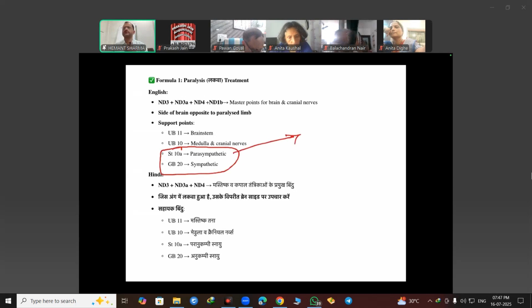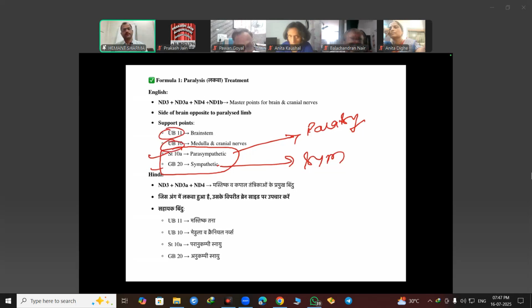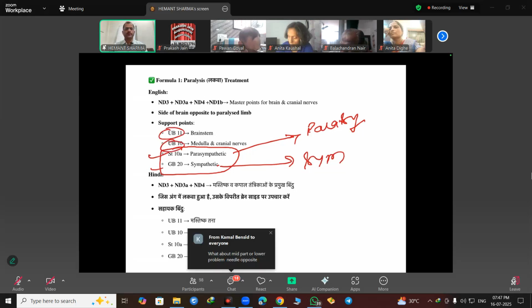Stomach 10 is in the throat for parasympathetic. Gallbladder 20 is for sympathetic. We will add these points. Other than that, we will add UB10 and UB11. We will add 2 more points besides these, our UB10 and UB11.